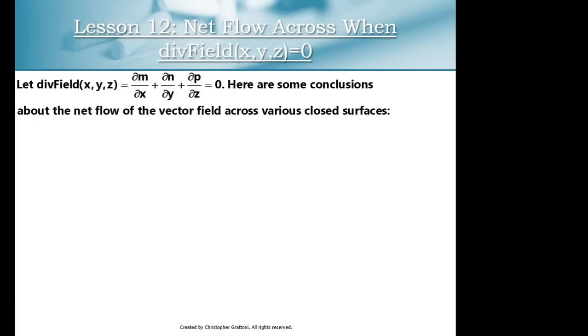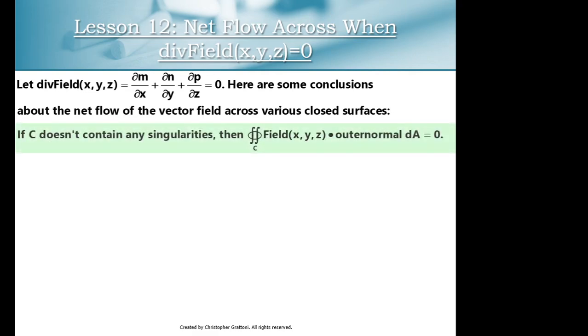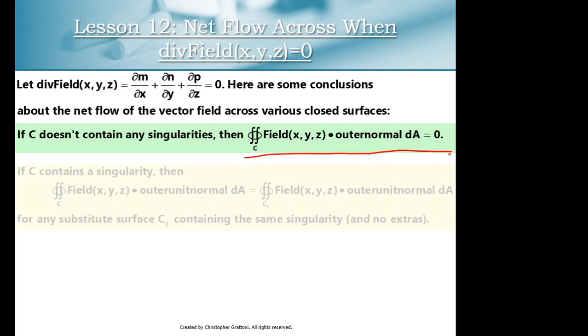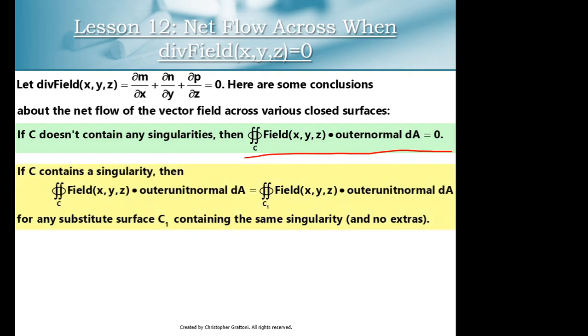Here, let me show you. So suppose that the divergence of a particular vector field is equal to 0. If our surface doesn't contain any singularities, then the surface integral is going to equal 0. If we do have a singularity on the inside, you could use a substitute surface as long as the two surfaces contain the same set of singularities.